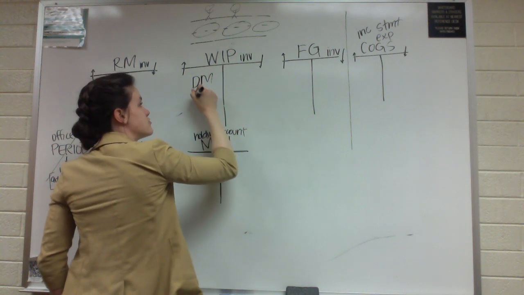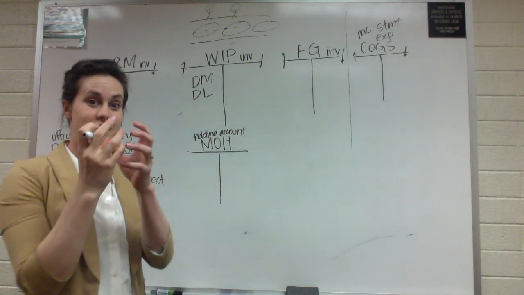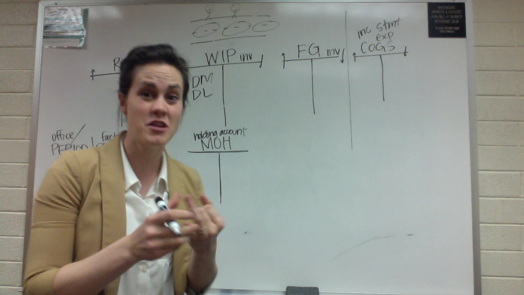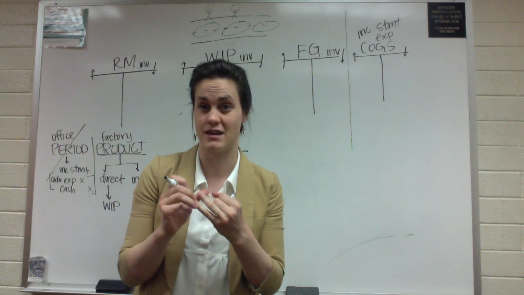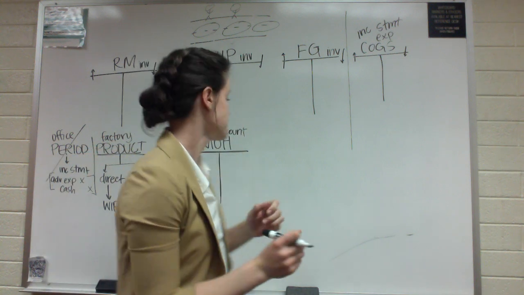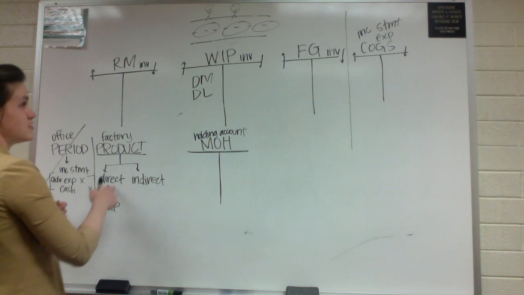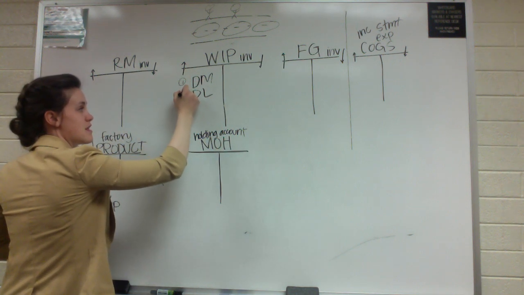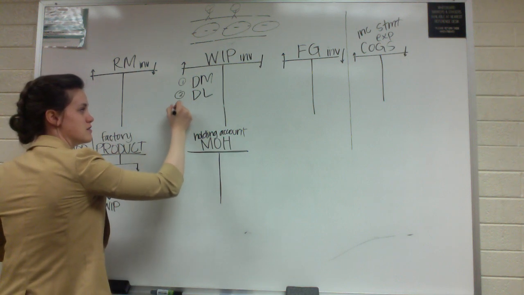That is direct labor. You can see it actually touching and producing the product. Those are the only two direct things you're going to see in this class: direct materials and direct labor. And those, like I said, go directly into WIP. So those are my first two things in WIP. And there's only going to be one more thing that we're going to get to.